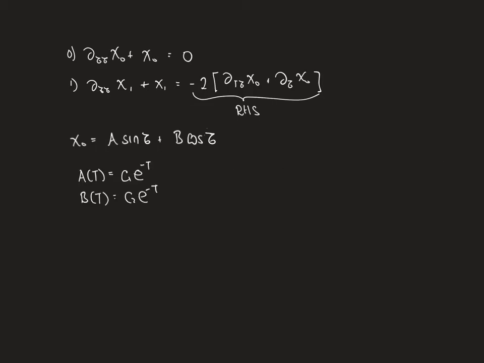Okay, so we're back. We have the solution x naught, and we have the constants that are actually not constants because they depend on the slow time, which we found by making the secular terms vanish. So right now, if this is what we're looking for, we will be sure that we will not have any resonance happening, and hopefully we will have a correct approximation of the solution.